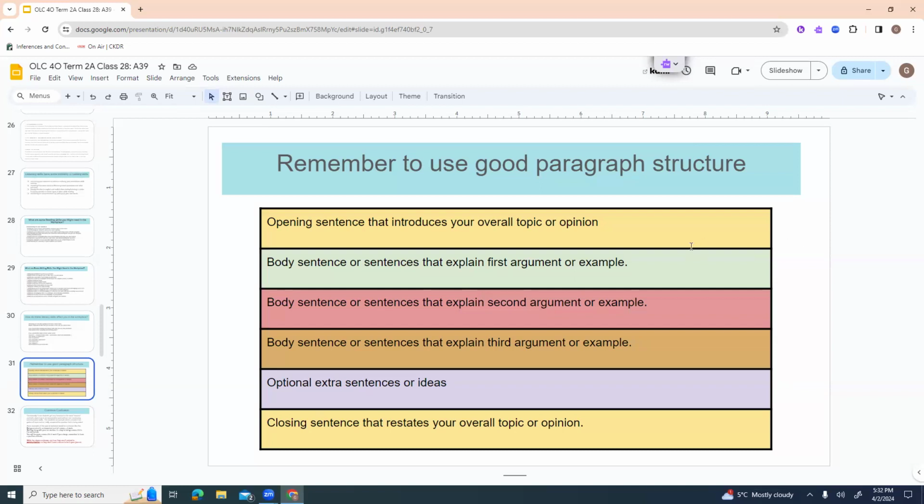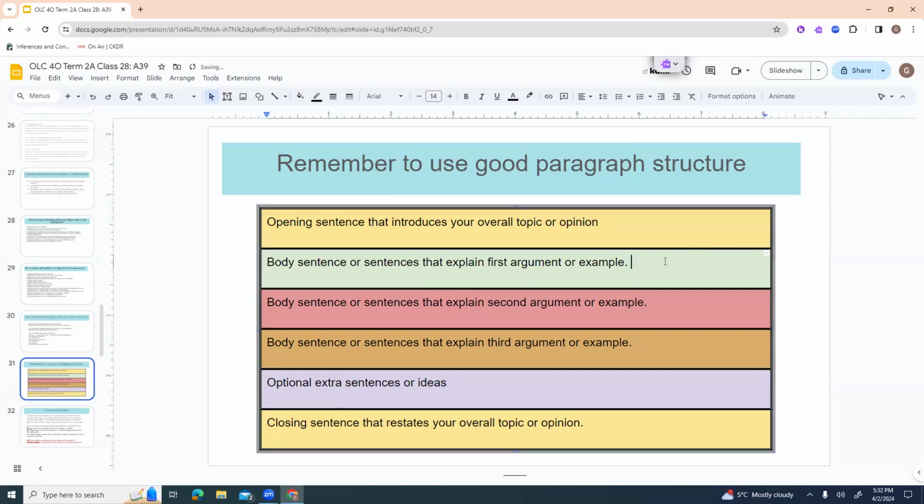So each one of these might have two sentences, right? Or one long complex sentence. Don't worry about it if you go over the sentences, as long as you're not handing me in 2 pages when I've asked for a paragraph, right? It's fine to use more sentences. You're not restricted. It's a minimum, not a maximum.